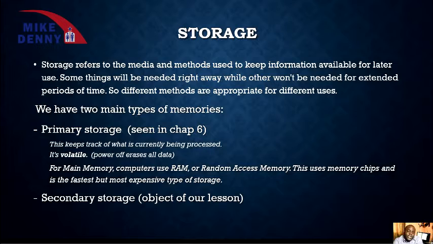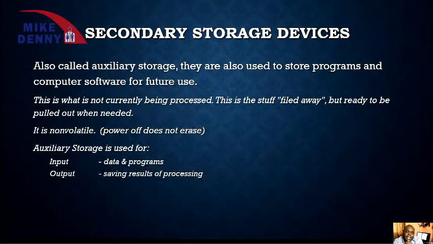We have the secondary storage. That is the object of our lesson today. So let's move on and talk about secondary storage devices. In fact, it's also called auxiliary storage. They are also used to store programs and computer software for future use. You may ask, how could we store a program or computer software for future use?